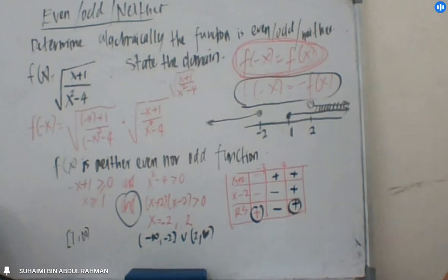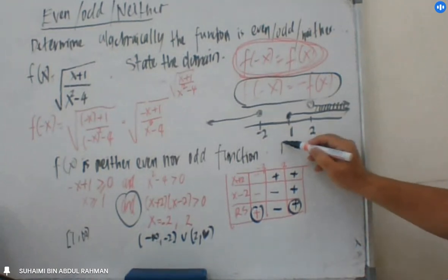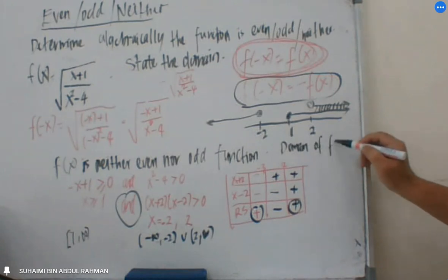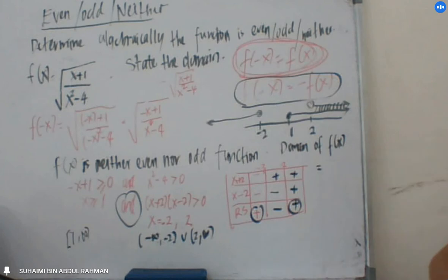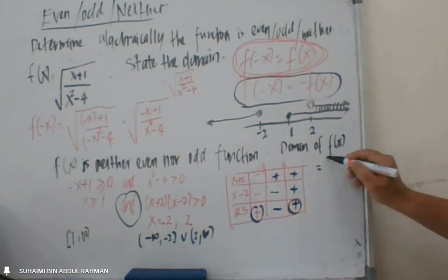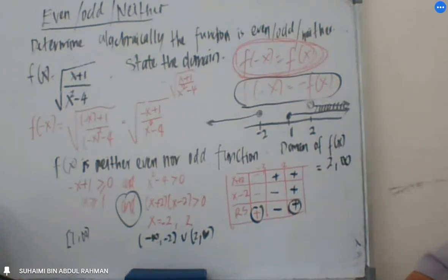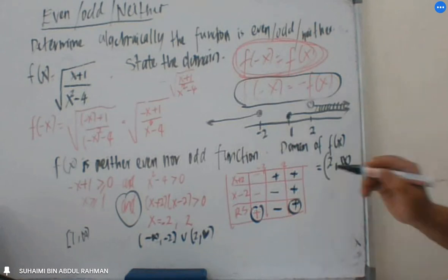So what can we say about the domain? Domain of f(x) is 2 to positive infinity. 2 including or not? Not including.